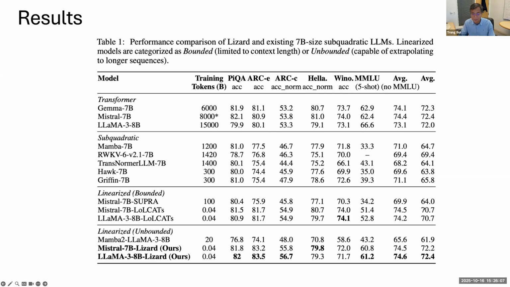This is because the teacher model also suffers from extrapolating to longer sequences unboundedly. Also, one very key observation here: if you compare on the MMLU 5-shot case, we are quite close to the teacher model and much better than previous approaches.